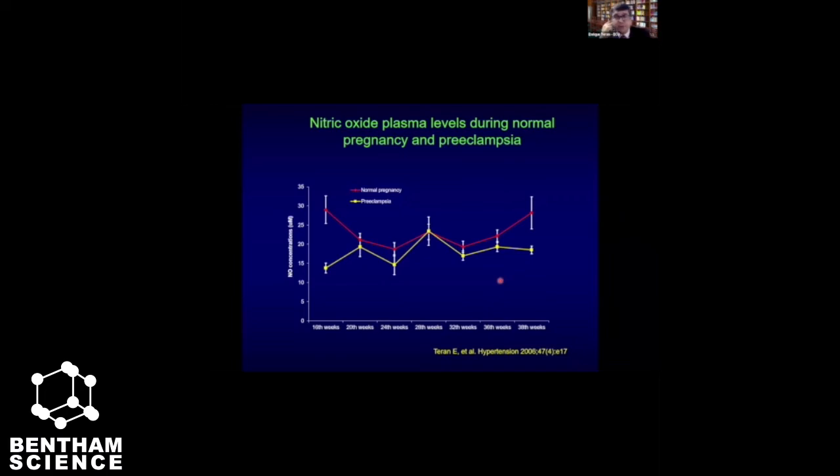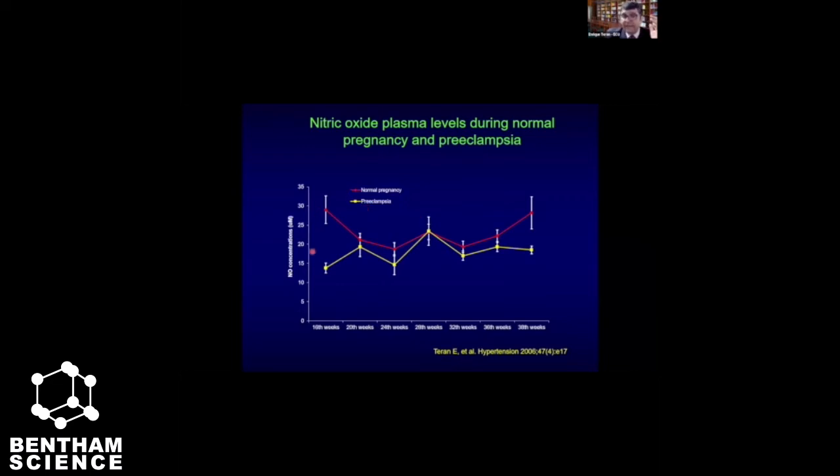And we were able to publish this very nice picture. I love this one because you can see that at 16 weeks, there is a huge difference in the levels of nitric oxide between women with normal pregnancy in red and those who later on develop preeclampsia in yellow.